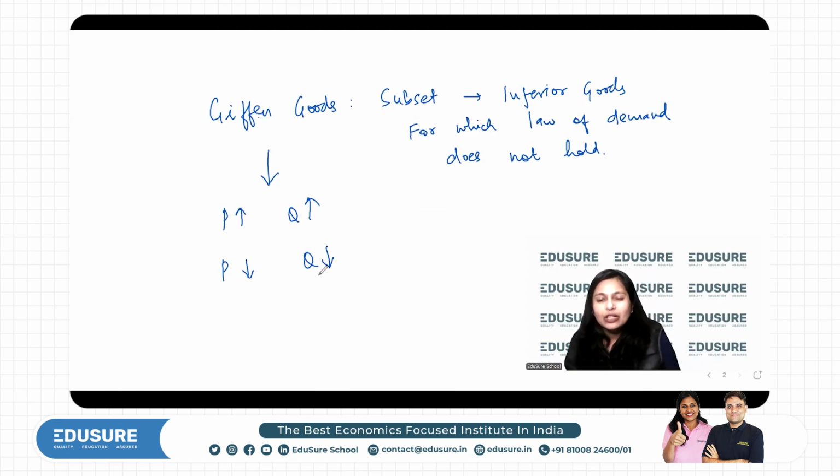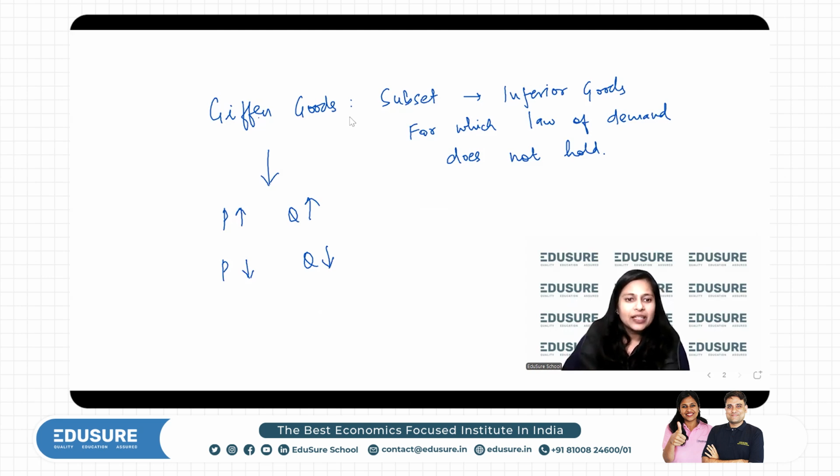Okay. So some of the necessity goods fall in this category. Some of the luxury goods fall in this category. For luxury goods, if the price rises, the demand actually rises, and when price falls, the demand actually falls. So some goods do not obey the law of demand, and Giffen goods are those.